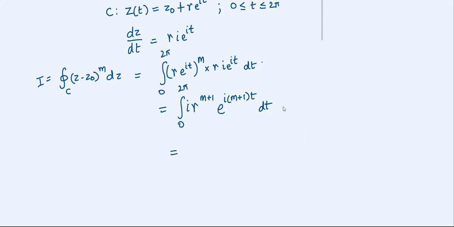Now we are integrating with respect to t. So i R power m plus 1, and you get e power i(m plus 1)t divided by i(m plus 1), from 0 to 2 pi.